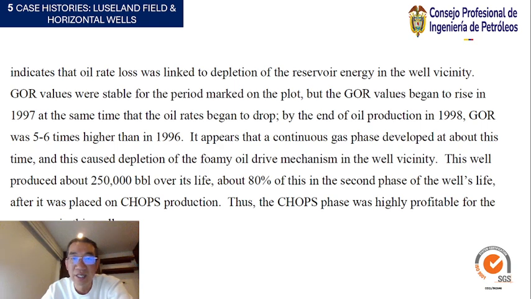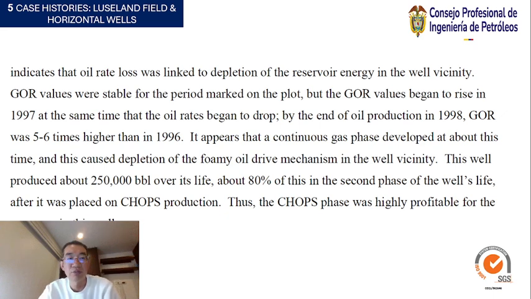It appears that a continuous gas phase developed at about this time, and this caused a depletion of the foamy oil drive mechanism in the well vicinity.